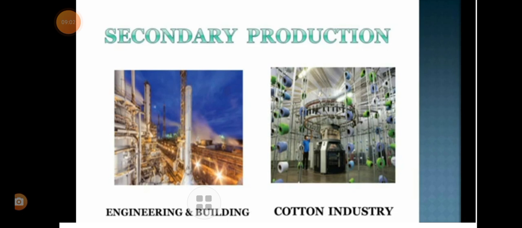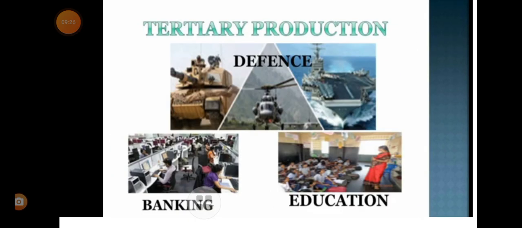In the cotton industry, you collect the cotton, then process it into beds, pillows, or clothes. Changing the raw material into a finished product is called secondary production.